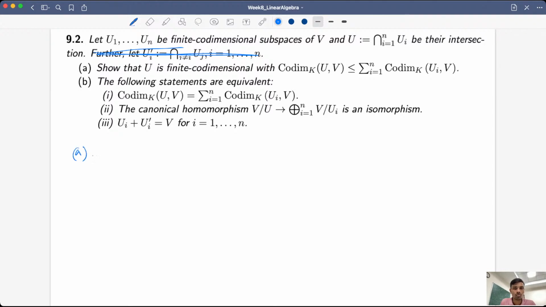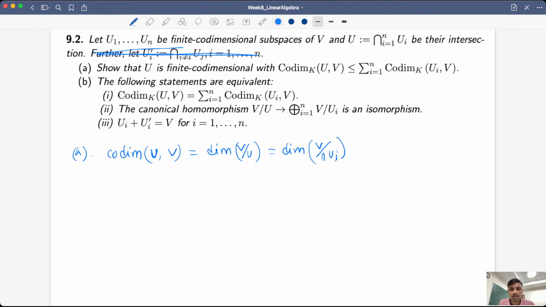But again, the codimension of U in V is equal to the dimension of V mod U, and U is the intersection of all those Ui, so this is the dimension of V mod the intersection of Ui.